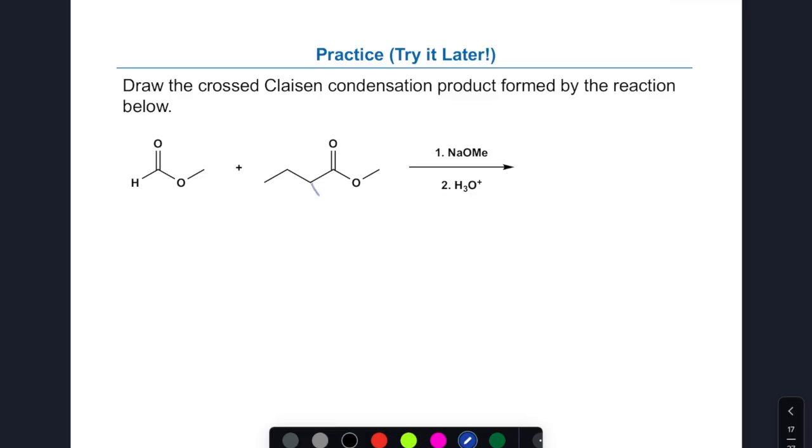And it turns out that this one has protons on the alpha center. This does not. So there's no way that that first molecule is going to be your donor. That's going to be an obligate acceptor. So this one here is going to turn into our enolate, and then that will then add to our other fragment.